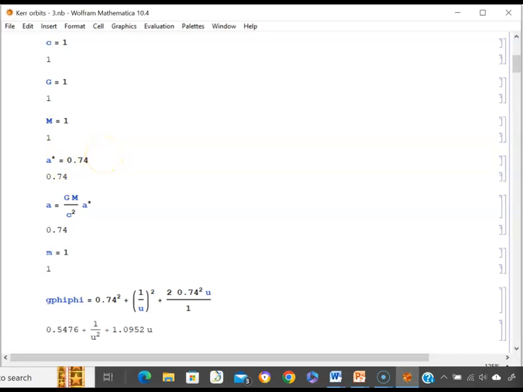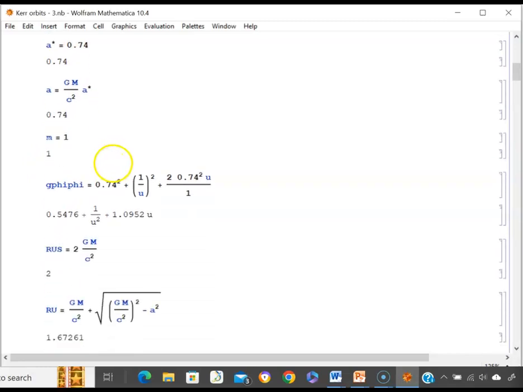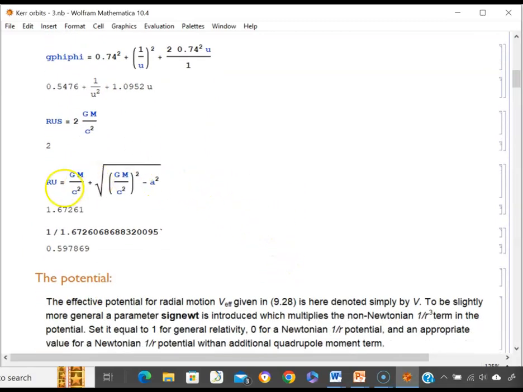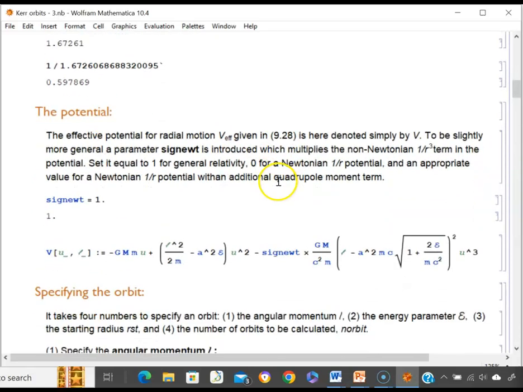At the center of that is a black hole of a billion solar masses, and its spin parameter is 0.74. I've used it in previous videos, so I tend to stick with that. Bit of a favorite of mine. The stationary limit surface is 2 in these units on the plots that you'll see below. The outer event horizon, this object here, is about 1.67. And the reciprocal of that is 0.59, as I pointed out in the previous video.